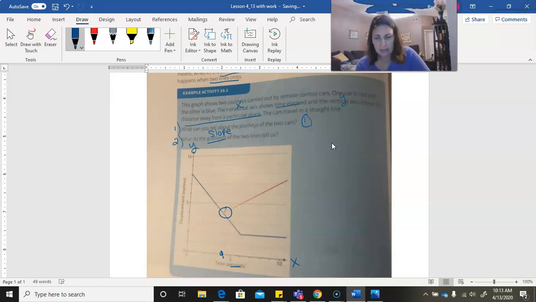So this is what I would write down: at 4 seconds, both cars are the same distance from the measuring point.